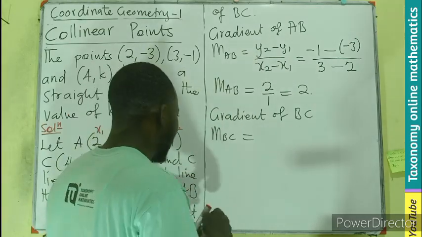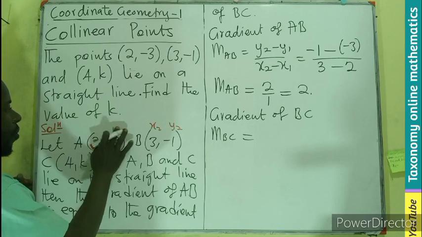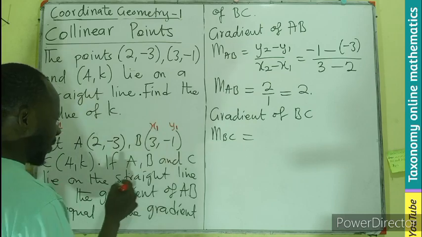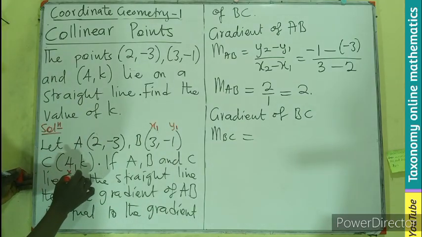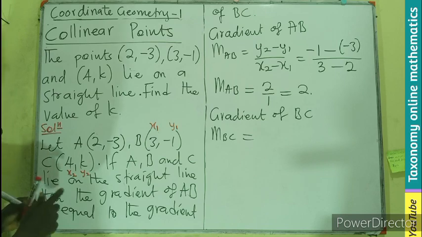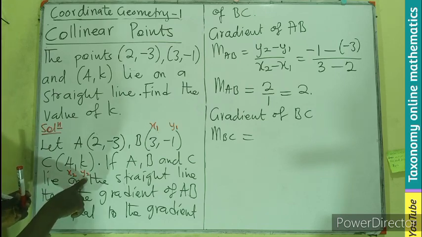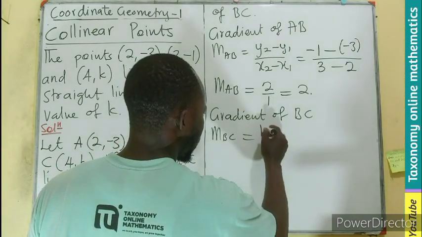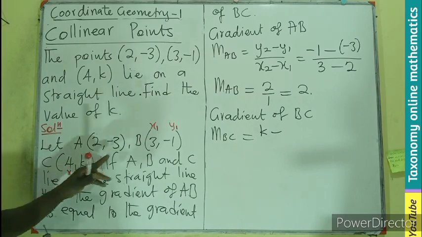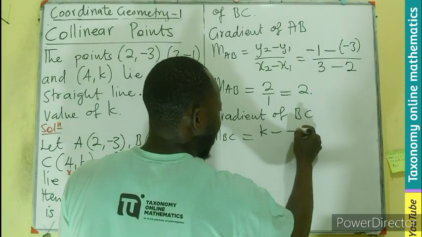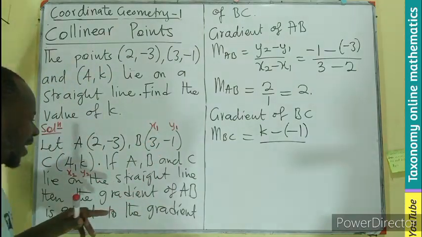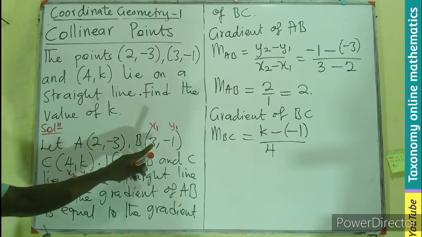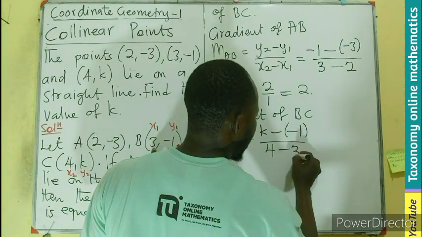Following the same formula, here we no longer start from A; now we are starting from B. So this is our first point, and this is our second point. y2 is k, minus y1, which is negative 1, all divided by x2, which is 4, minus x1, which is 3.